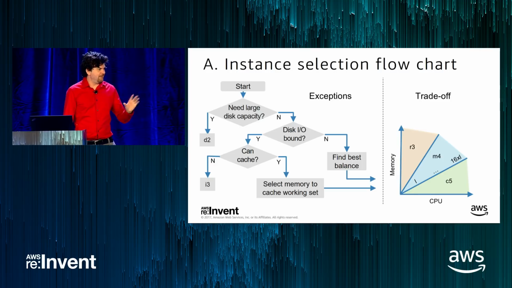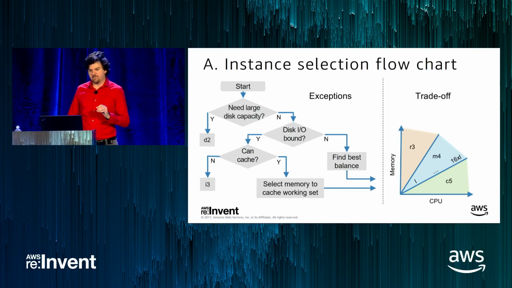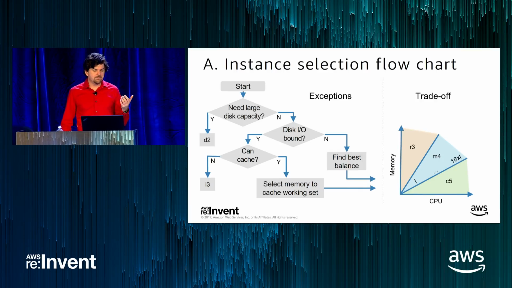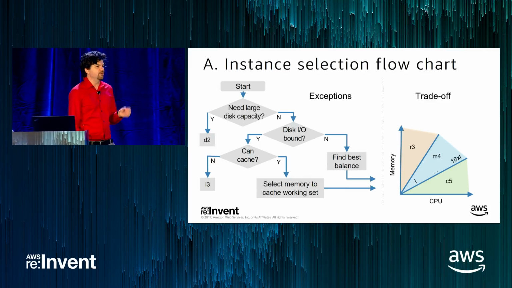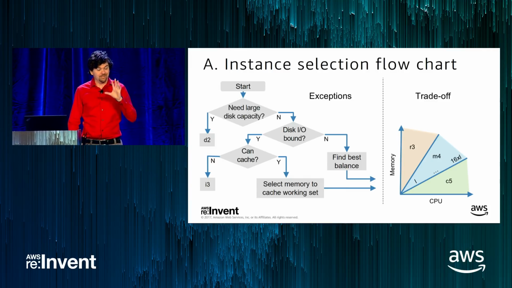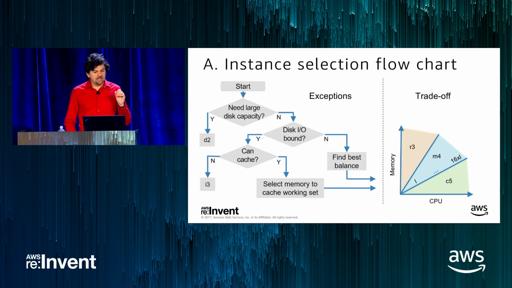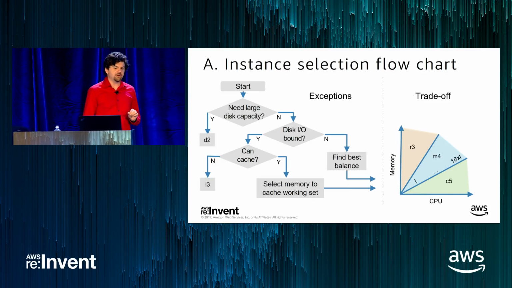If you don't need that much disk capacity, and only some Netflix microservices are heavy users of disk, like the databases, then is it disk I/O bound? Is the performance workload bound or limited by disk I/O, disk IOPS? If it is, then we look at whether it's cacheable or not.